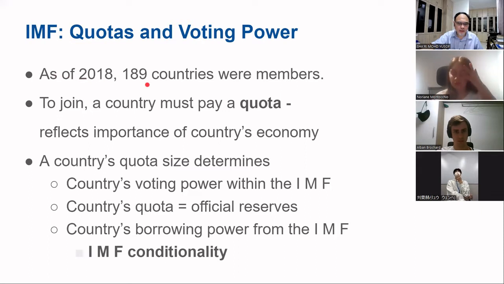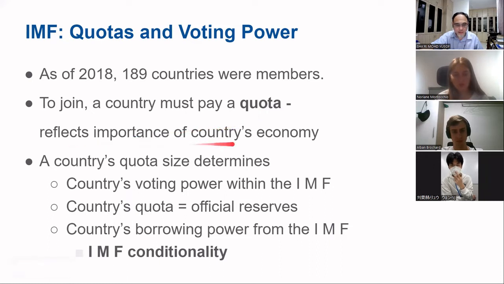So as of 2019, 120 countries were members. To join the IMF, you have the so-called quotas. A country must pay a quota, partly in gold and partly in the country's own currency. Okay, so this quota is probably a kind of deposit.